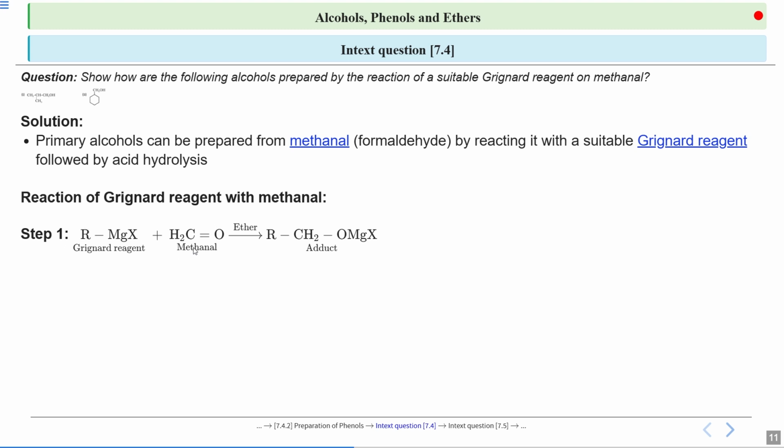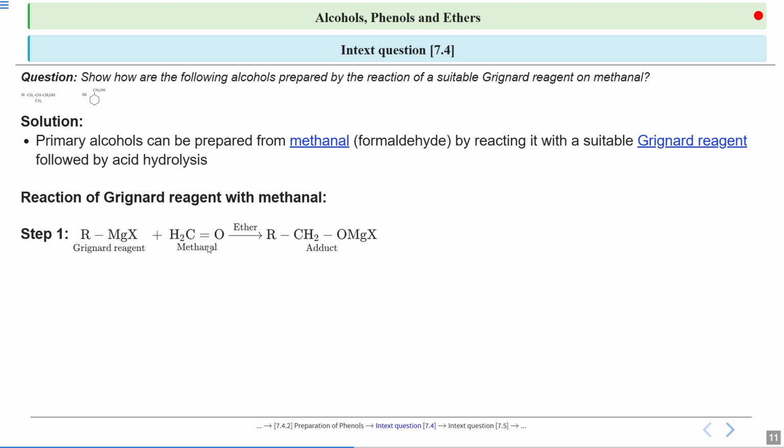Here we have a carbonyl group, C double bond O, with two hydrogens attached. This oxygen is more electronegative, so it will withdraw electron density from this carbon. This oxygen will develop a partial negative charge and this carbon a partial positive charge.